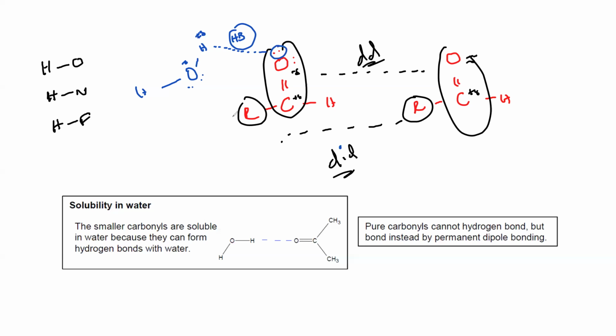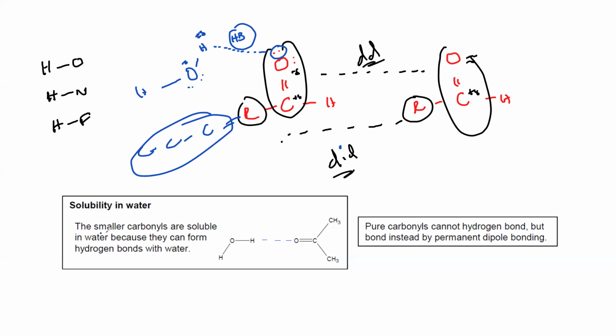But as the number of carbons increases, if the chain length increases, if we have more carbon atoms in this chain, then what will happen? The dipole-induced dipole forces, or the length of the carbon chain, does not allow this hydrogen bond to form easily. That's why the higher aldehydes or ketones are not soluble in water or do not dissolve readily.